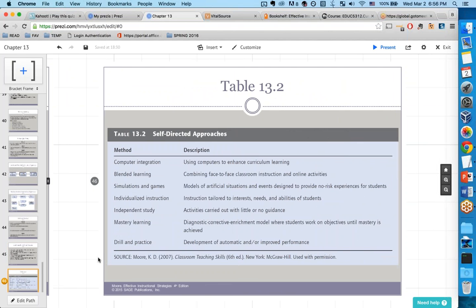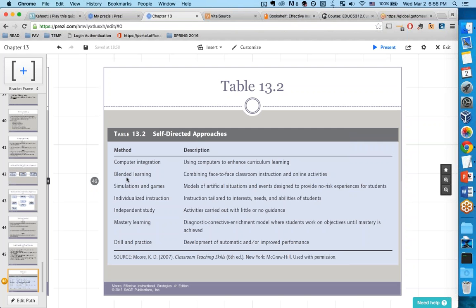Okay, let's take a look at this review table here. If we are using computer integration, we are basically using computers or any sort of technology devices to enhance curriculum learning. Blended learning involves combining face-to-face classroom instruction along with online activities.